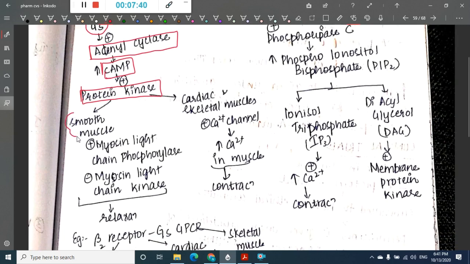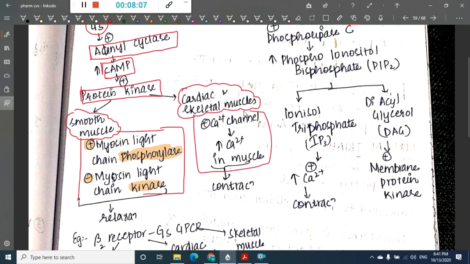In the smooth muscles, it will activate myosin light chain phosphatase and inhibit myosin light chain kinase. Whereas this protein kinase in the cardiac muscles will activate calcium channels, thus leading to the contraction of the muscle.